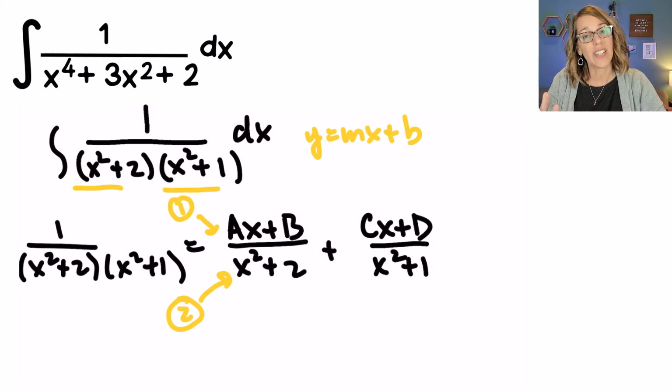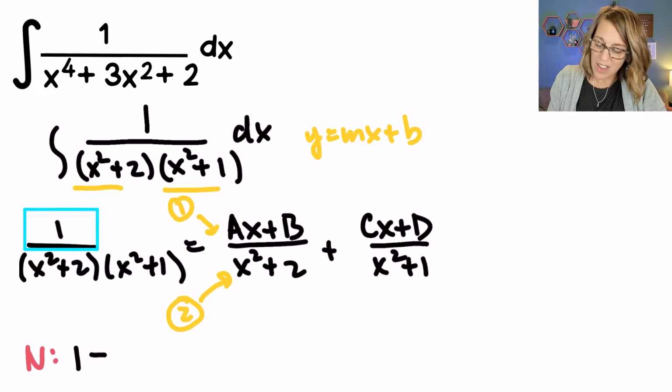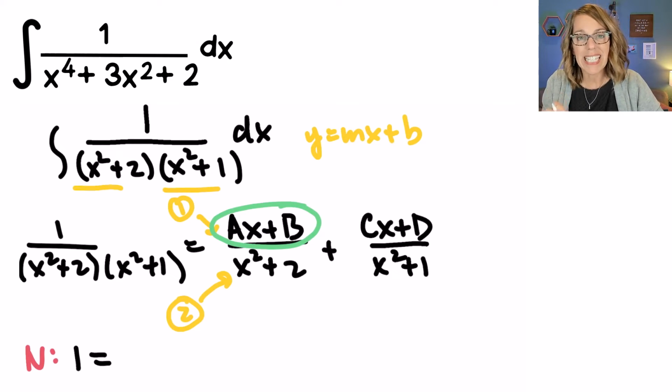Now I'm going to go ahead and do the next step with that same shortcut that I saw before, comparing just my numerators. So comparing just my numerators, I have a 1 on the left-hand side, and on the right-hand side, let's go ahead and start by multiplying Ax plus B by its missing factor from the denominator.